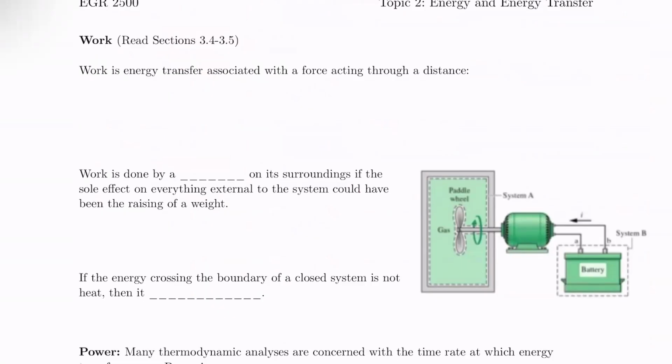So work is energy transfer associated with a force acting through a distance. To write that in terms of math, work, denoted with a W, is equal to F, which is a vector, our force vector, times a distance, and then we're going to integrate that over the path that we've taken.